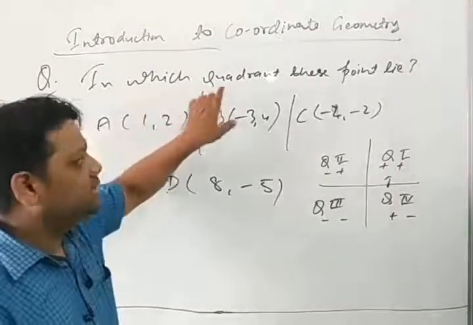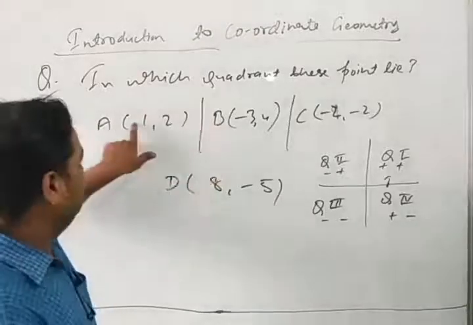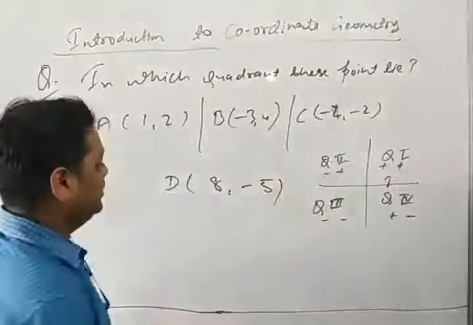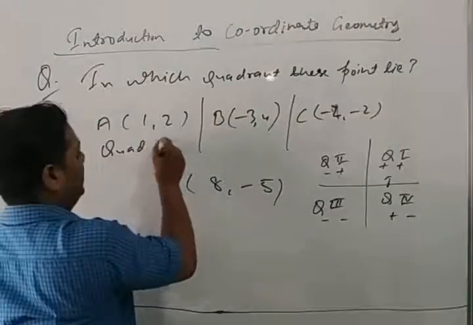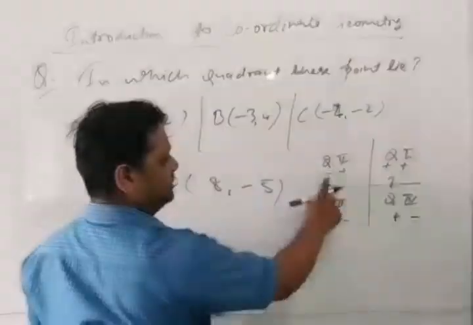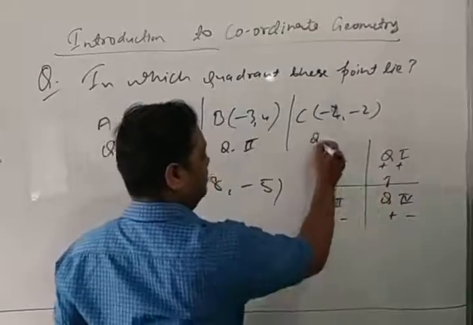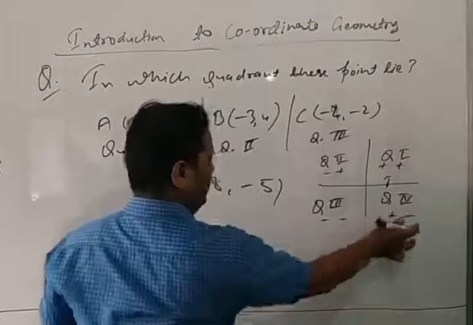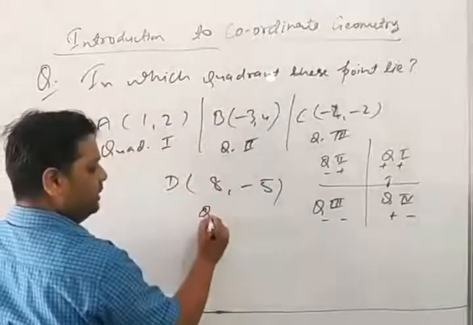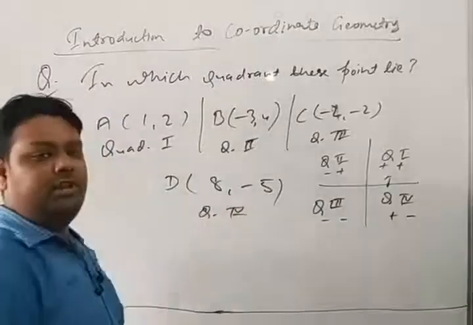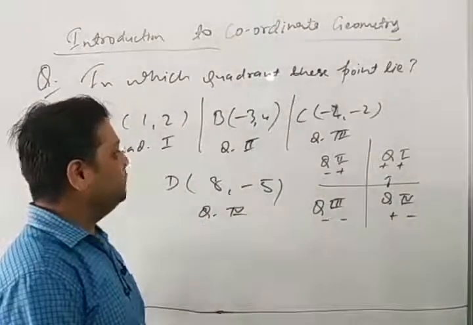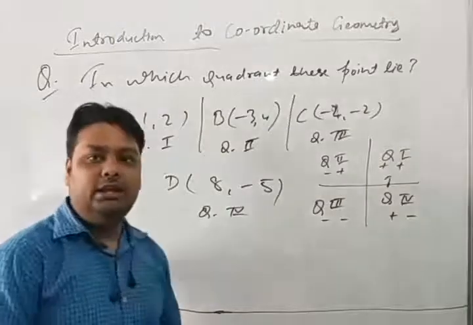Plus and plus, quadrant first; minus and plus, quadrant second; minus and minus, quadrant third; and plus and minus, quadrant fourth. So like this we can find in which quadrant a point will lie.